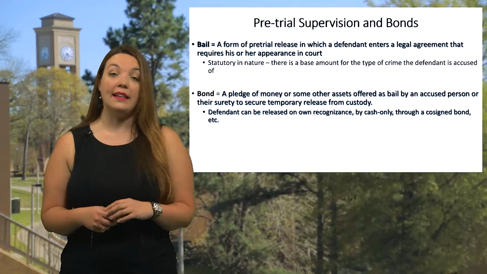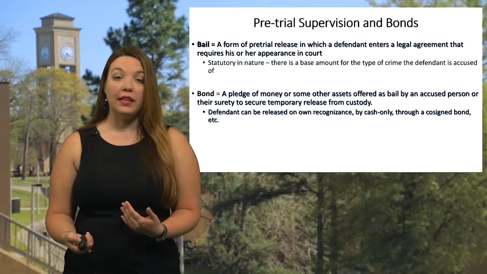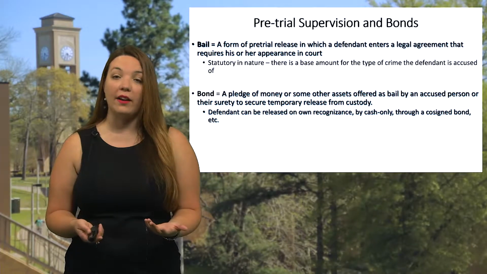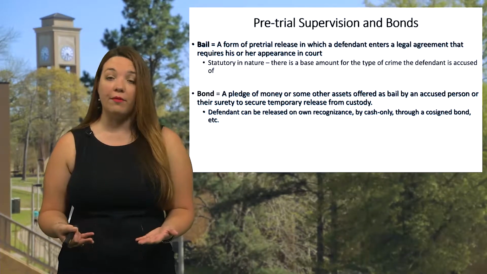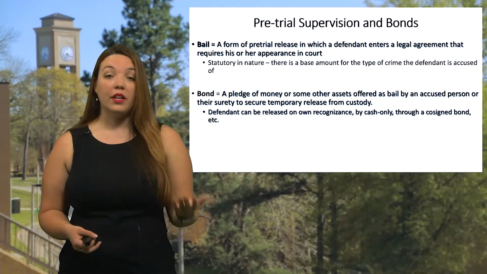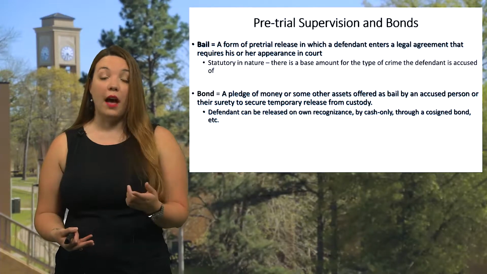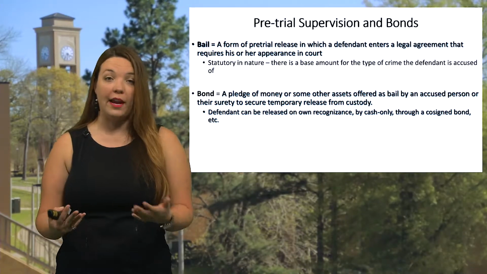Bond, on the other hand, is the actual payment for that bail. So this is the method that I am released in. You can be released on your own recognizance, which doesn't require cash or collateral. That's the best case scenario, but it's not all that frequent in occurrence. Someone could bond you out. I might not have to put anything down, but if I run, then you're responsible for the bond amount that you put up if I ran.